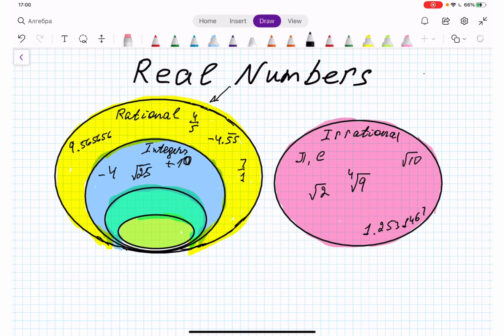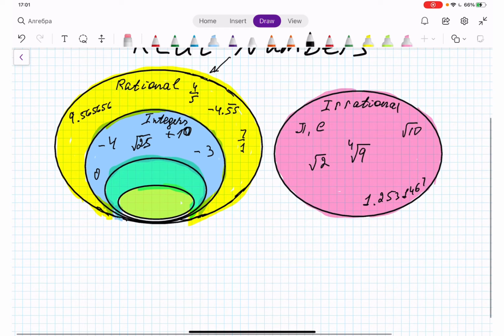What else? -3, for example. 0 is also considered an integer. So the positive part of integers, the positive whole numbers with zero, we consider as whole numbers.